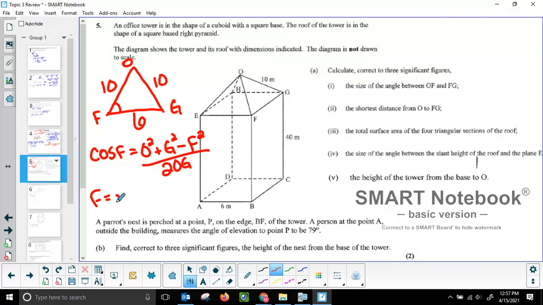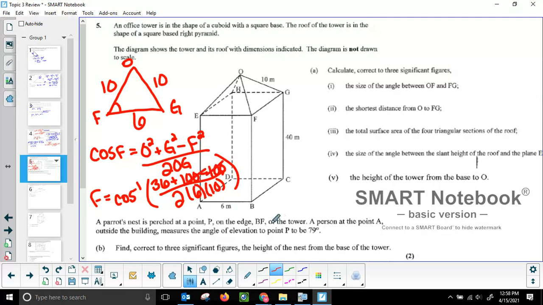So F is going to equal the inverse cosine of O squared, which would be 36, plus G squared, which would be 100, minus F squared, also 100, over 2 times O, which is 6, times G, which is 10. Of course, those would just cancel out.